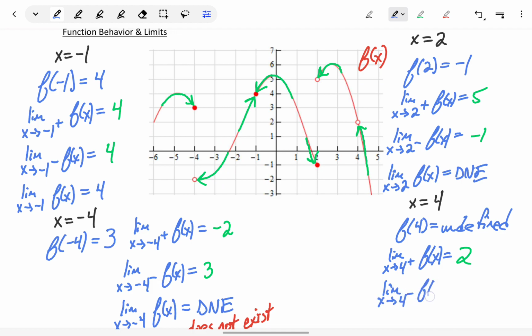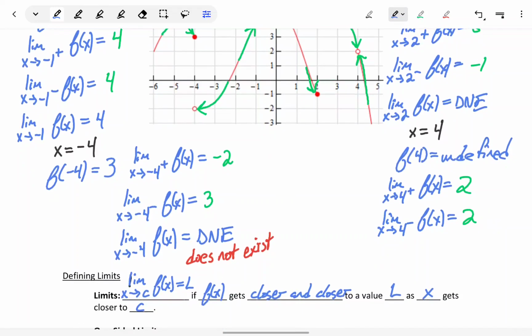And as we approach 4 from the left, we're approaching that exact same function value of 2, which in this case tells us, since those two one-sided limits are equal, that the limit as x approaches 4 of f of x is equal to 2.